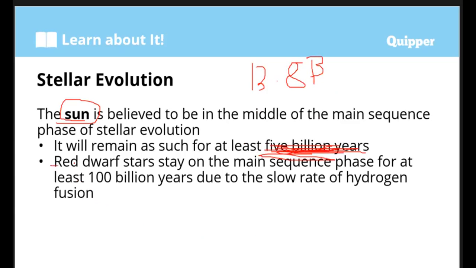The red dwarf stars stay on the main sequence phase for at least 100 billion years due to the slow rate of hydrogen fusion. So how do stars form? It begins with the nebula or the core gathering gas and dust in the universe. Particularly, the gas and dust that I am referring to are the subatomic particles.